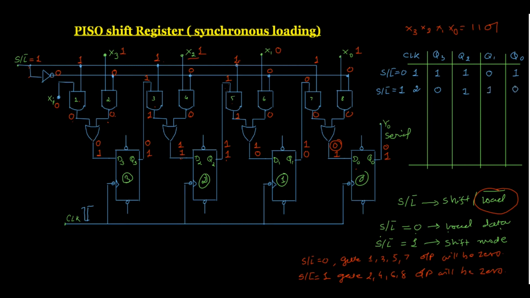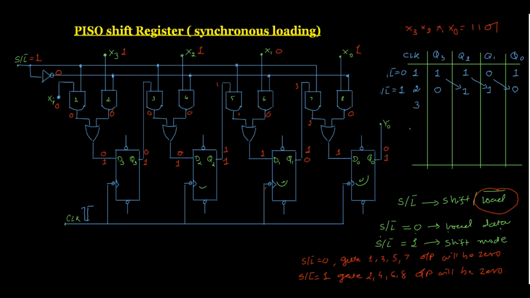So you can see there is a serial transformation of the data from flip-flop number 3 to 2, flip-flop number 2 to 1, and 1 to 0. This is with the second negative edge.